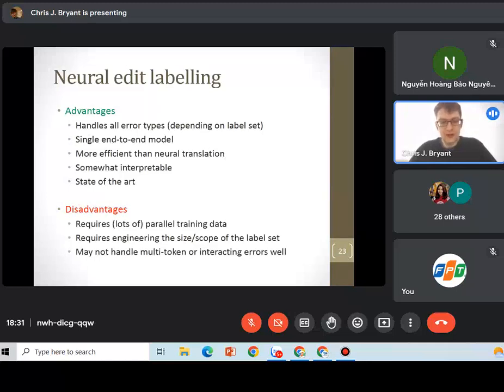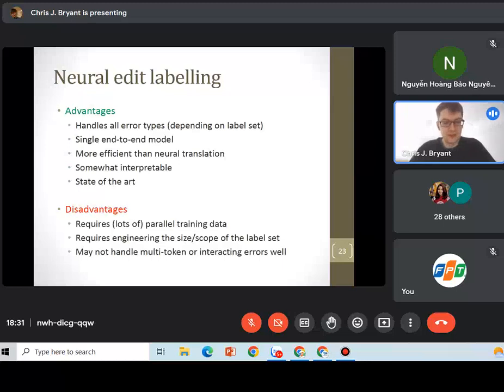We might not know the reason why a particular label was predicted in a given position, but at least we know that, for example, it predicted change this noun to plural here, and then as a human we can decide whether we want to apply that label or not. At least we get a little more information about the kind of errors coming out, unlike machine translation, which just outputs a corrected sentence. And like machine translation, this is another state-of-the-art approach.